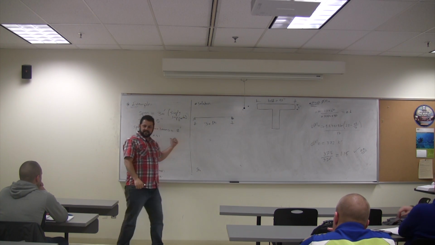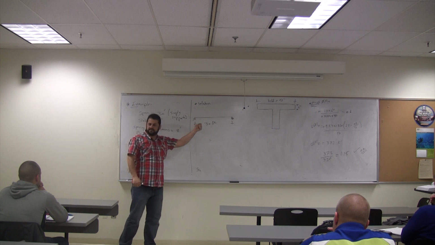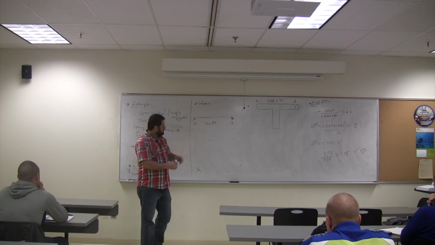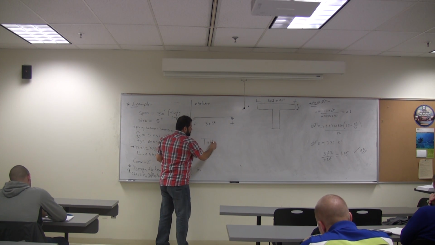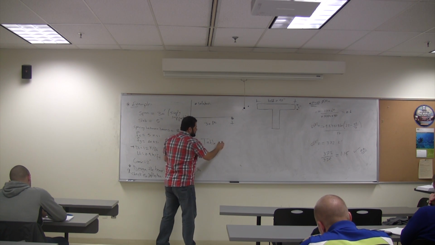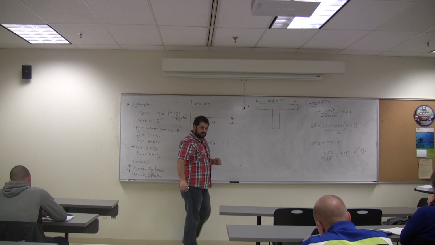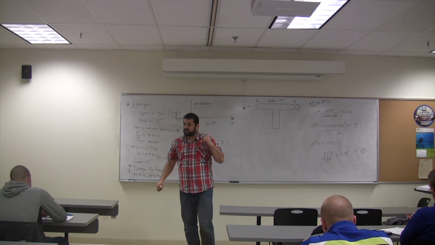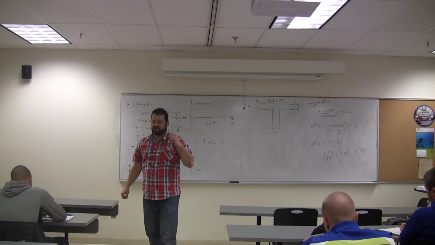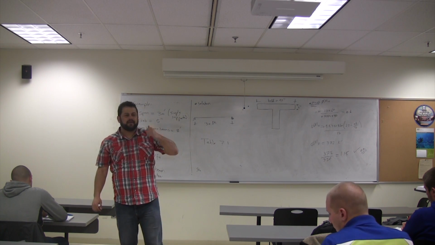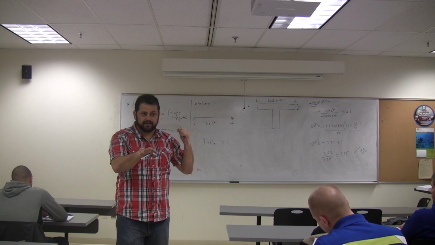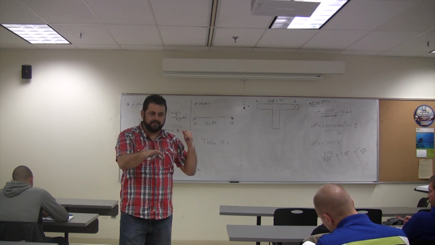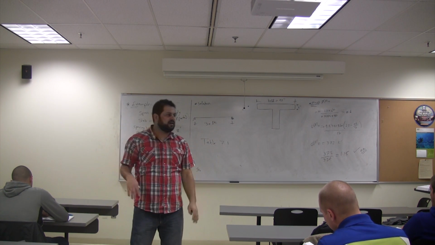Now, the second question is to check the deflection of this, right? Table 7.1 in the new book says if the overall depth of your beam is greater than this number, deflection is good. You don't have to check.